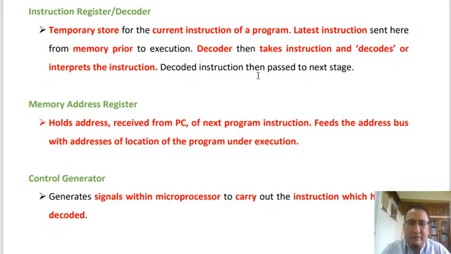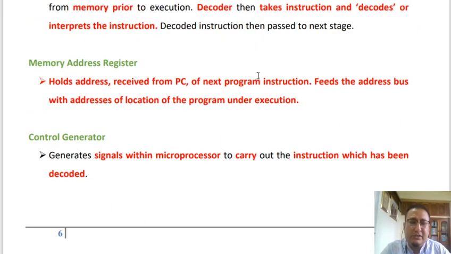What it does is feed the address to the address bus, the location of the program under execution. So the role of the memory address register is to hold the address that it received from the program counter for the next program instruction, and then feed the address to the address bus.